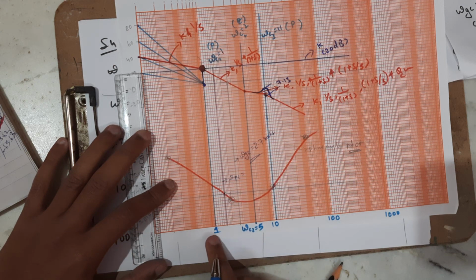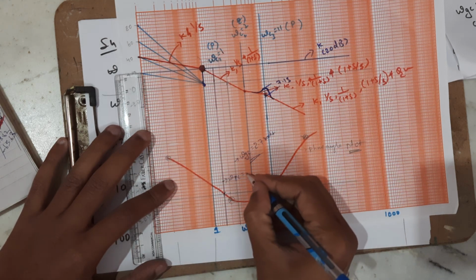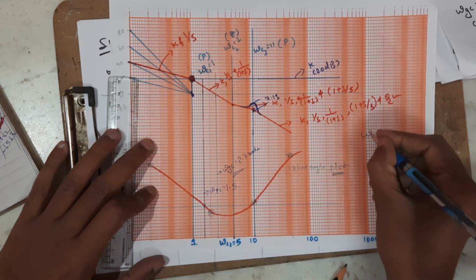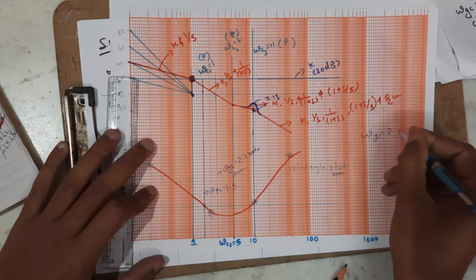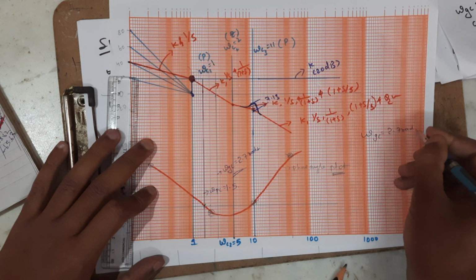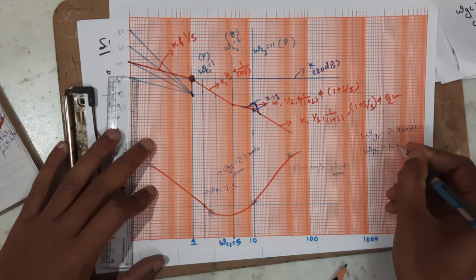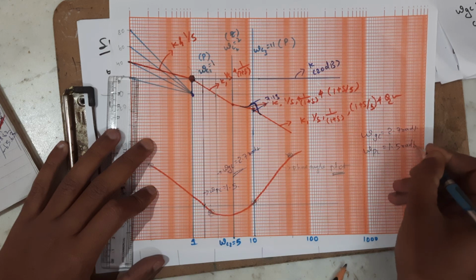This is between 1 and 2, so omega PC is equal to 1.5. See here, omega GC is equal to 2.7 radians per second. Omega PC is equal to 1.5 radians per second.